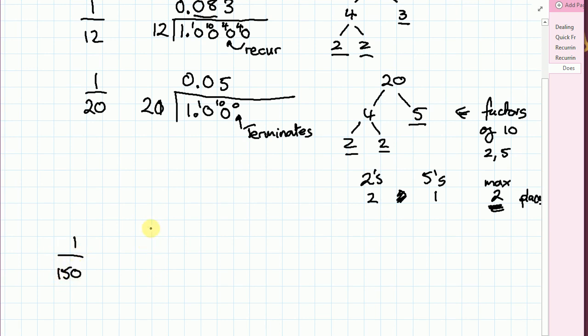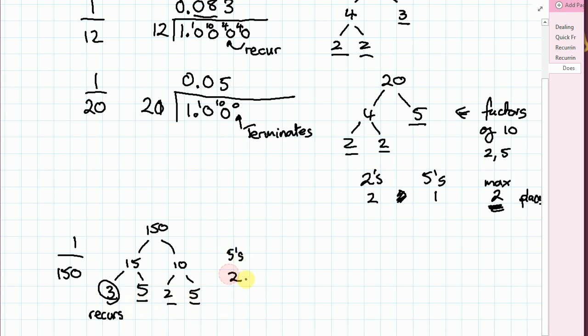Prime factors first. 15, 10, 2 and 5, 3 and 5. Now this one says it's going to recur. The two 5s is greater than the number of 2s, so there will be 2 fixed places.